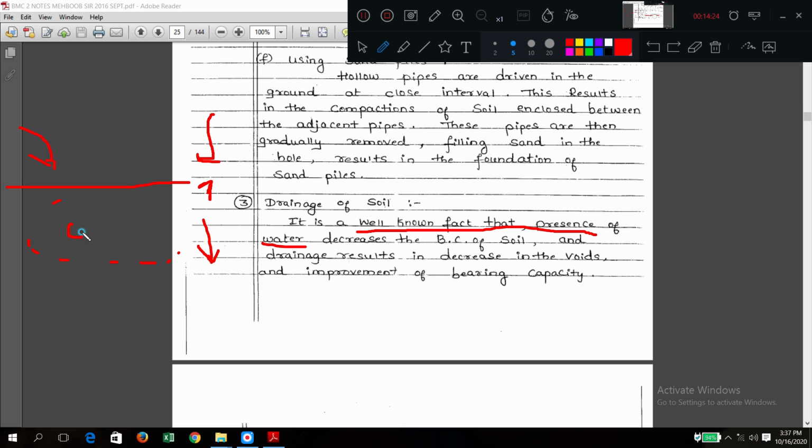So what you are going to do is give some drainage pipes, so that water is collected wherever it may be, and it is collected and disposed. Taking the water away from here will increase the bearing capacity. Water is there, decrease in bearing capacity. So drainage will remove the water, so bearing capacity increases.